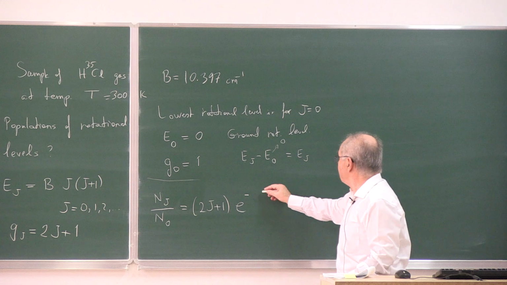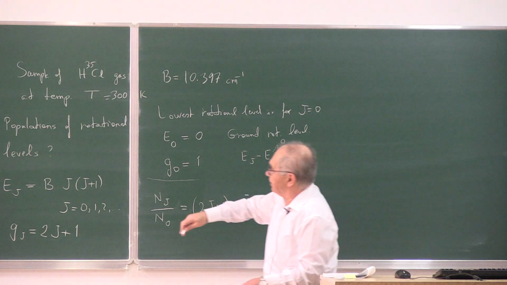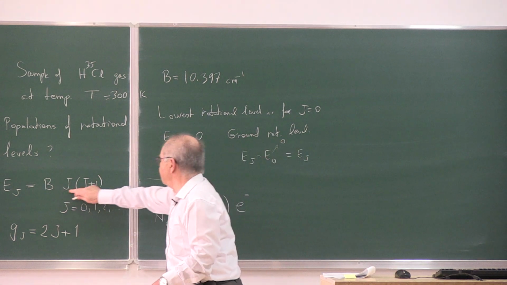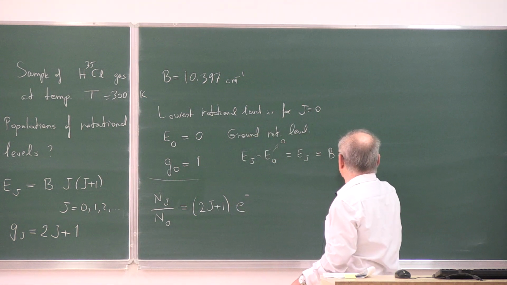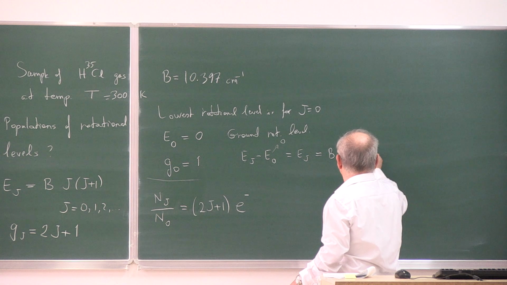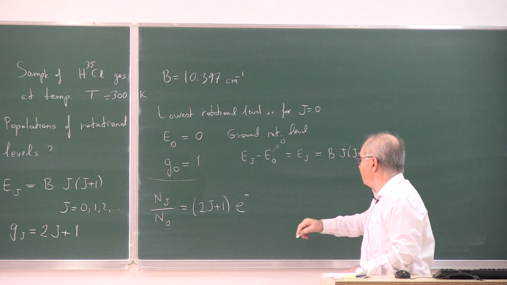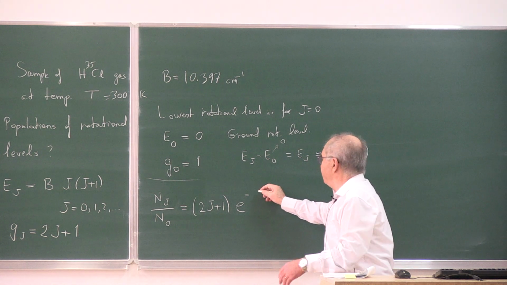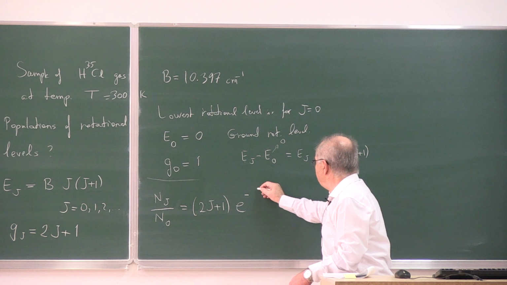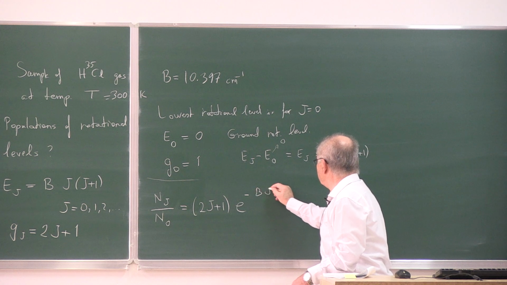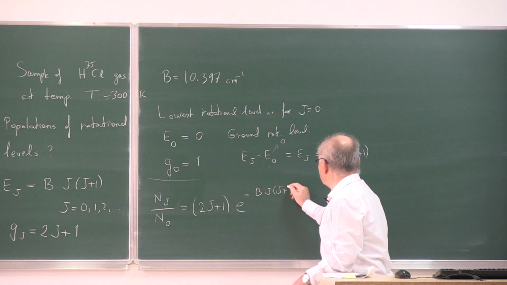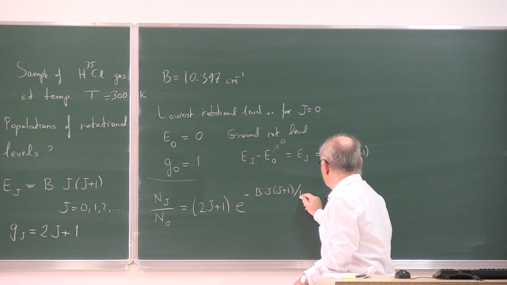But what is E_J? It is that expression, B times J times J plus 1. So it is minus B times J times J plus 1 divided by kT.